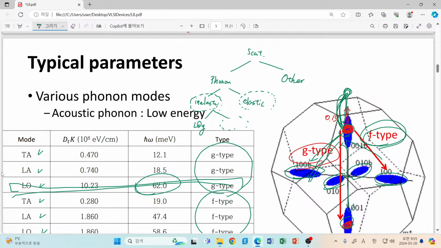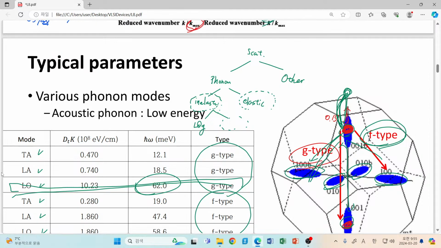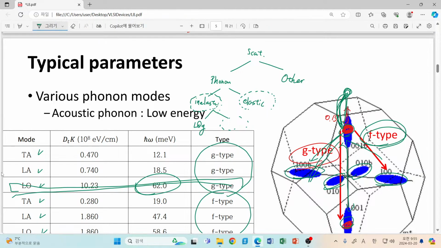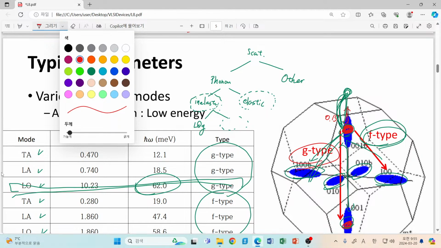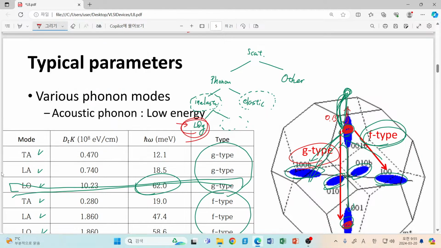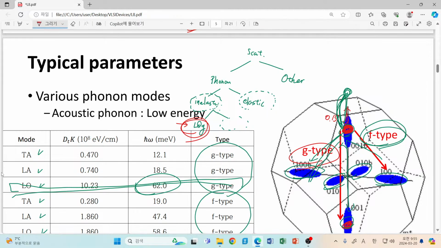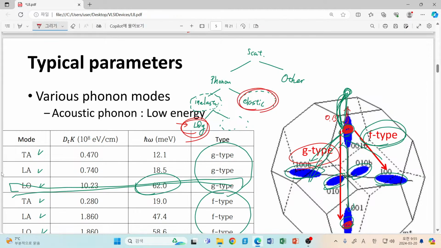So the researchers 30 years ago, 40 years ago, when they modeled the phonons inside the silicon system, chose the LO phonon as the representative mechanism to relax the energy. And of course, you must consider elastic scattering too.